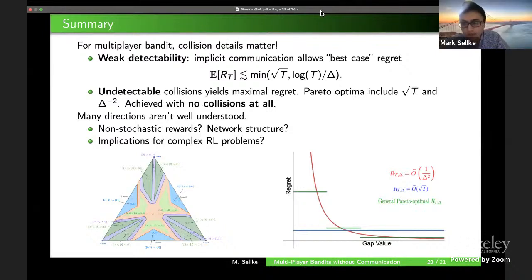Yeah, I think there are a lot of open directions here, and that's a very interesting one. That's the sort of thing I was indicating when I wrote network structure on this slide. You can also think of arms behaving differently for different players. Maybe there's some kind of coordination game aspect. I think there are a lot of directions here.